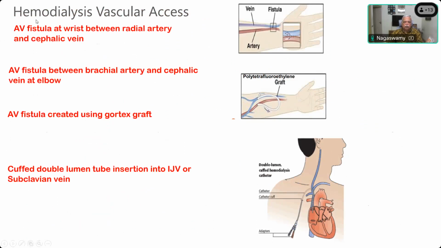So these are the various types of vascular access which are required if you plan to do a filtration of the blood or renal replacement by hemodialysis method.